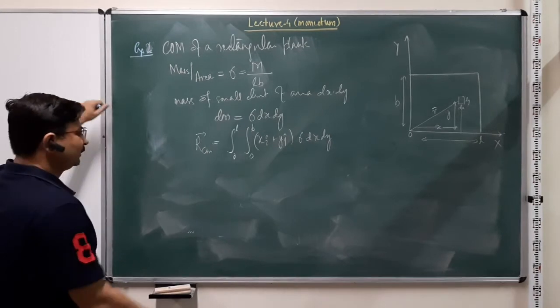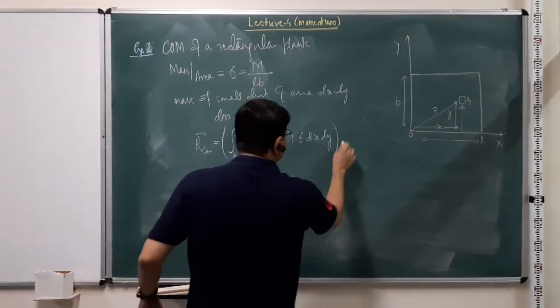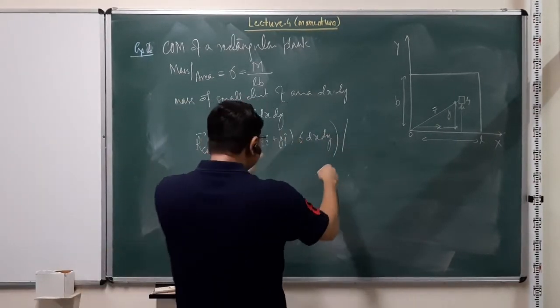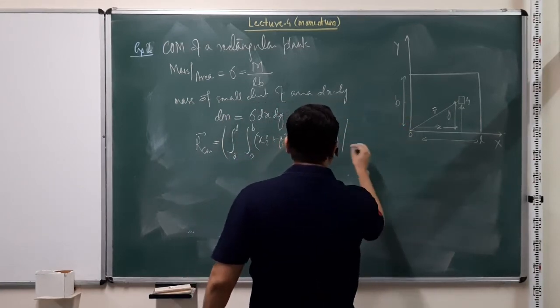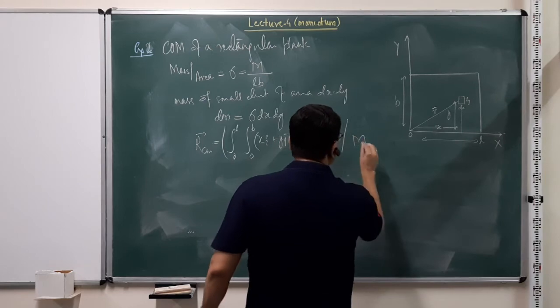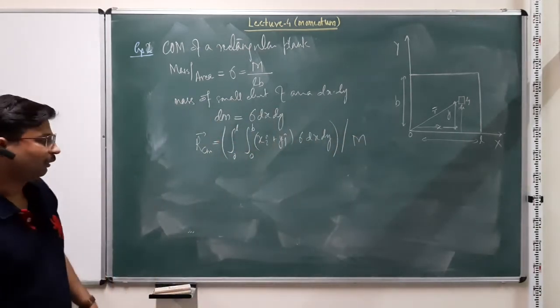So this is my RCM, of course divided by the integral of sigma dx dy over the entire length and breadth of the plank, but we know that it's just equal to the total mass.